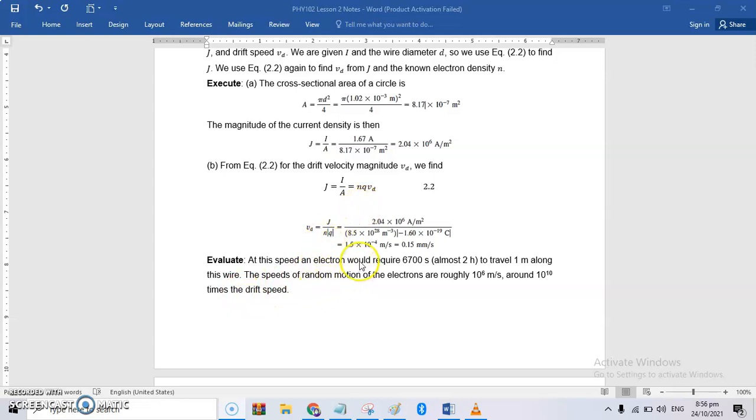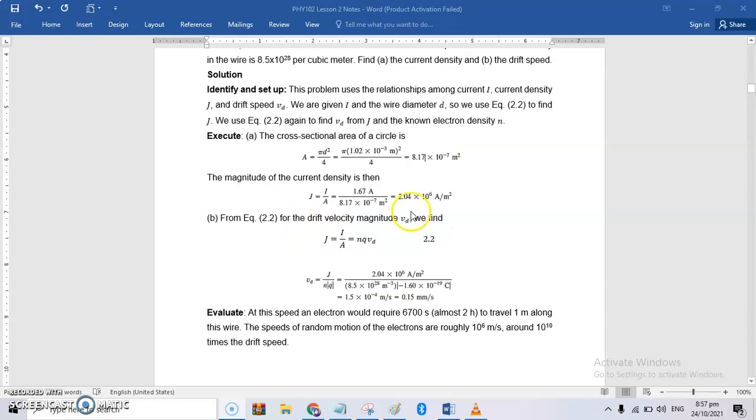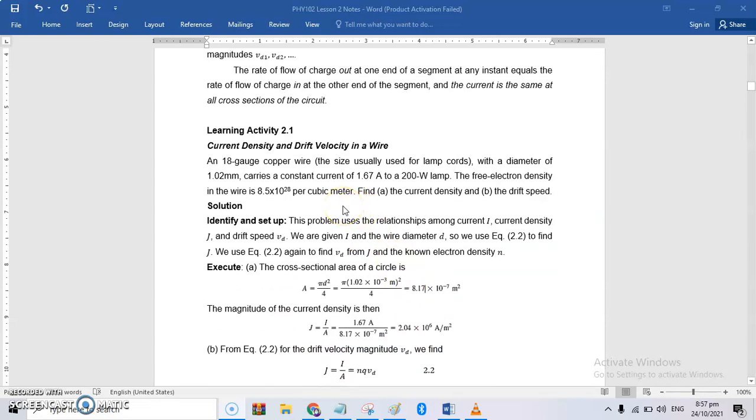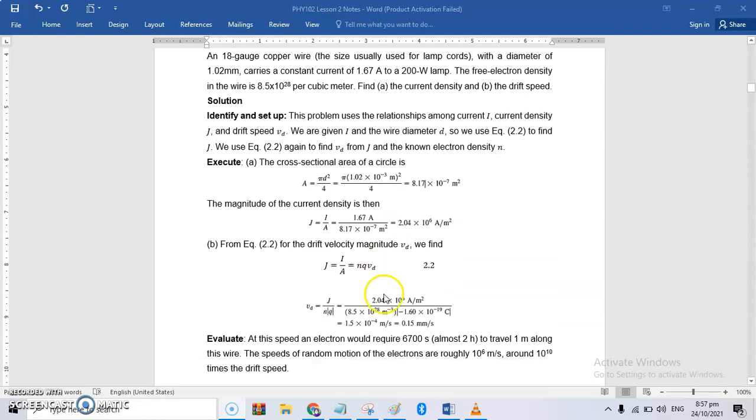So, ang tinutukoy lang naman ng drift speed dito is yung ating speed ng electron. Okay? So, the free electron has this speed of 1.5 times 10 to the minus 4 meters per second.